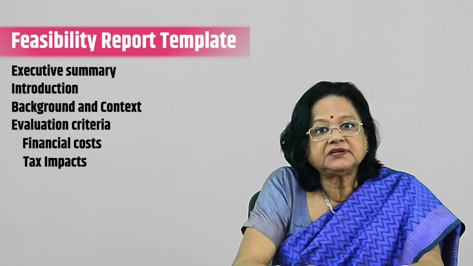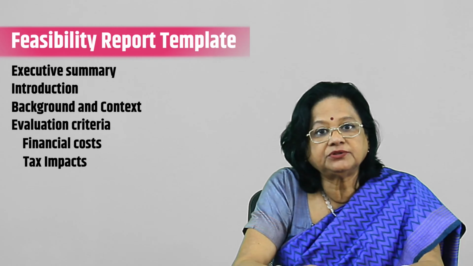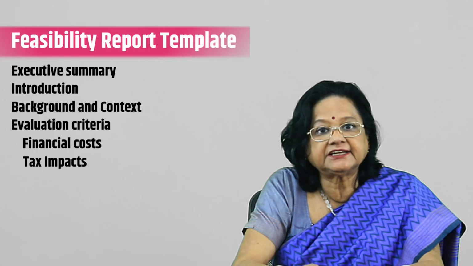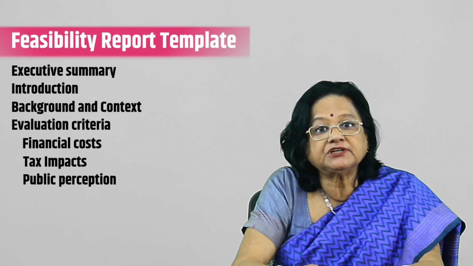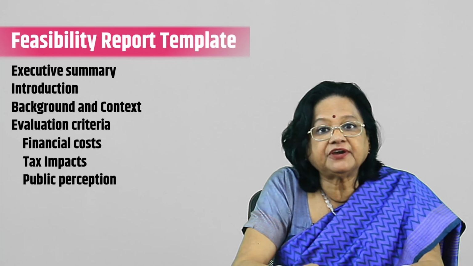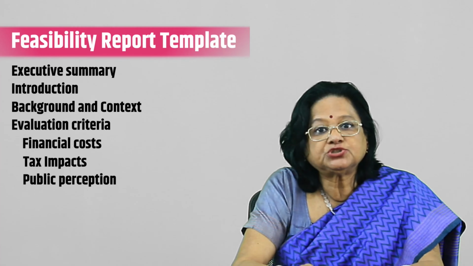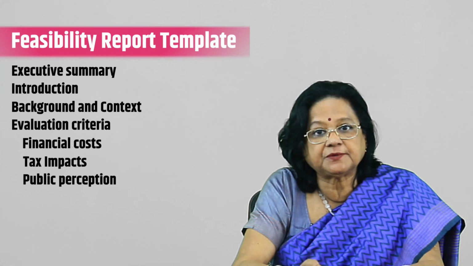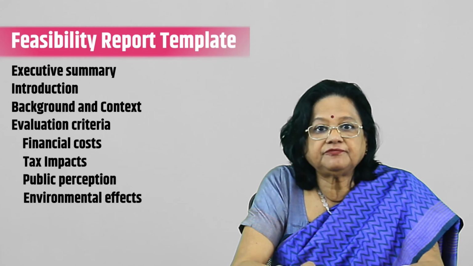Tax impact. You can evaluate different approaches based on how they would change your company's taxes as another criterion. Public perception. Certain projects or problems may affect your company's public perception. So you could evaluate how different approaches would influence your company's public perception in your feasibility report. Environmental effects.